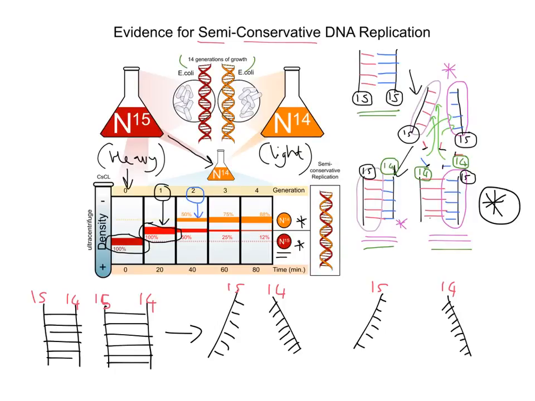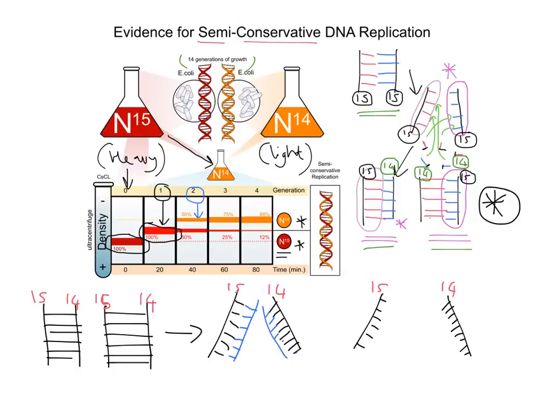So what we're saying is that between the first and second generation, or after the second generation rather, of growth, to be able to grow and those cells to divide, we've had to replicate the DNA, and we're saying that we've broken the DNA strands here. Now 3 bases, as normal, would come and join up. But remember, this would have been in the dish of N14.